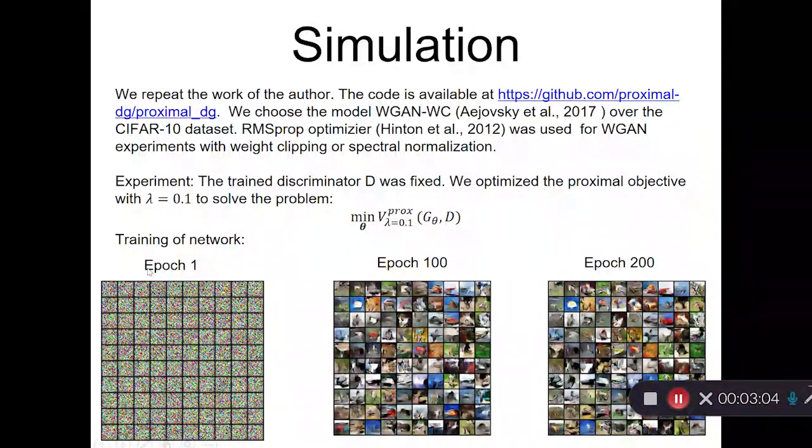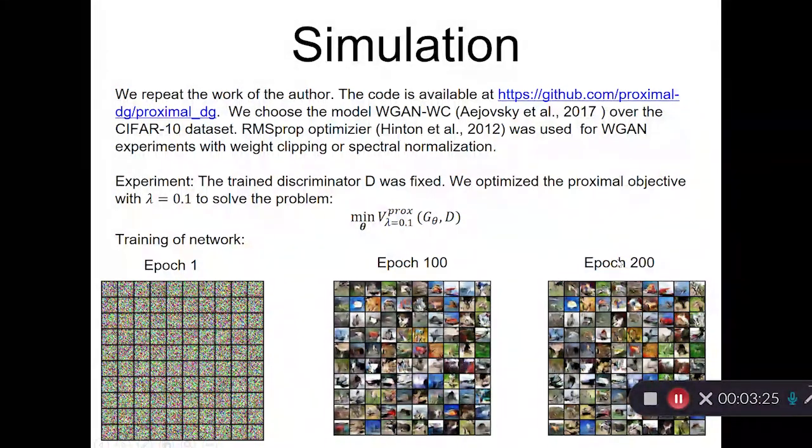Yeah, this is the result of epoch 1, and this is the result of epoch 200, and we can't find any difference between epoch 200 and epoch 100 with our eyes, but based on the loss, the loss of epoch 200 is much smaller than 100.